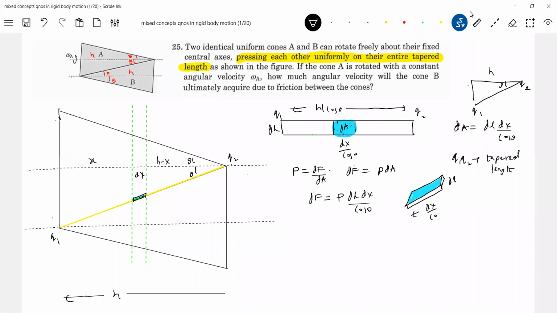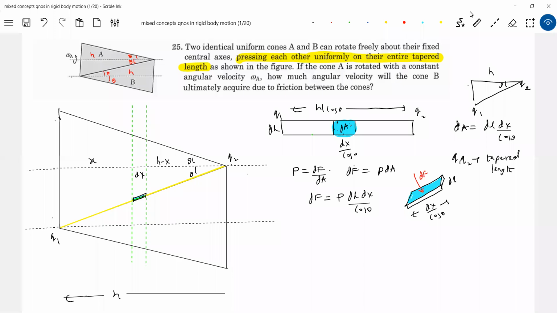This length is dx cos theta. And how will that force act? That force will act here. This is a small elemental area. To make you understand, I have shown the elemental area big. This particular strip is dx, which is very small, just one line. To make you understand, I'm drawing it like this. So like this, what happened? There will be an exerted force.